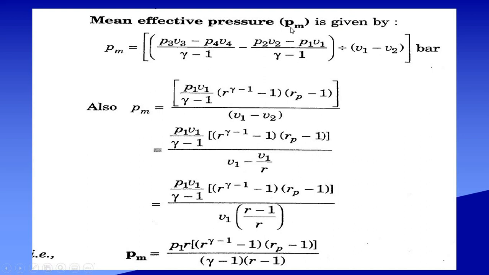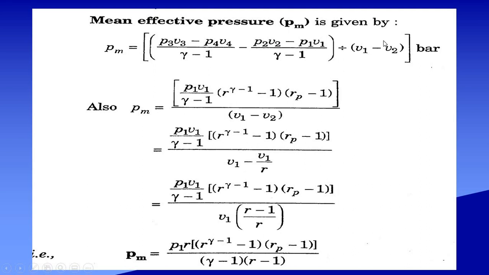Mean effective pressure should always be in bar or Newton per meter square. When you want to give the unit in terms of bar, you know that pressure is in bar or Newton per meter square, and volume will be in meter cube.